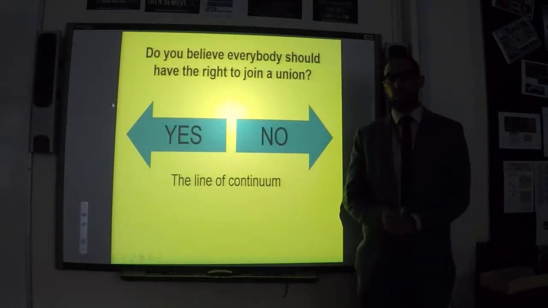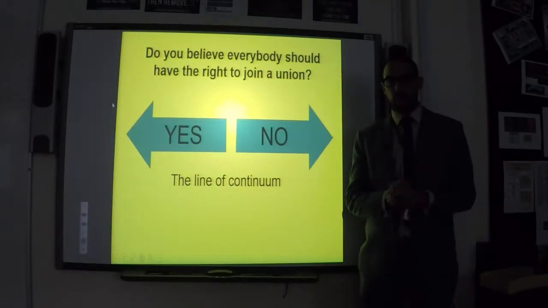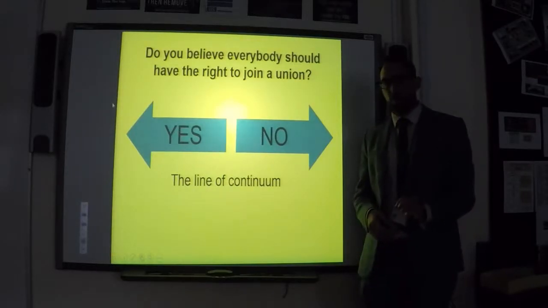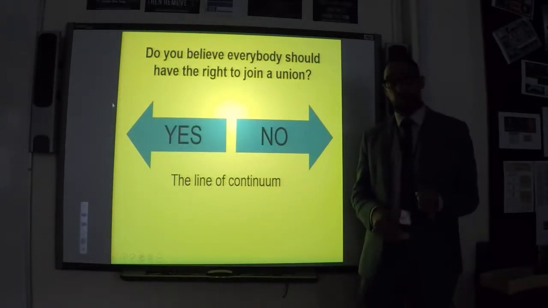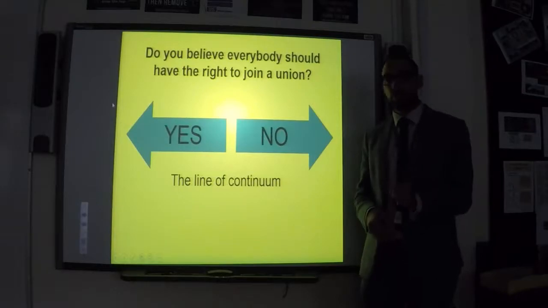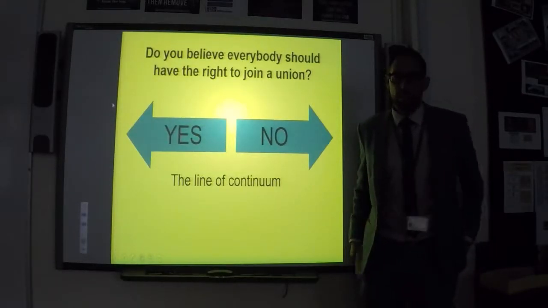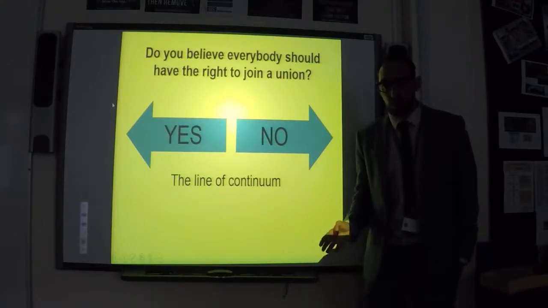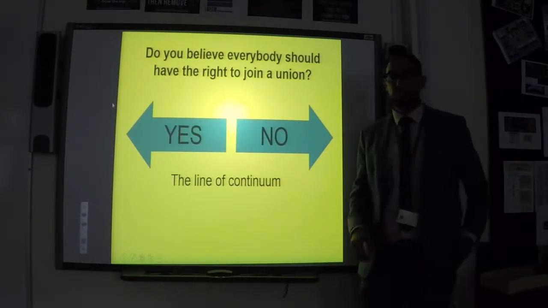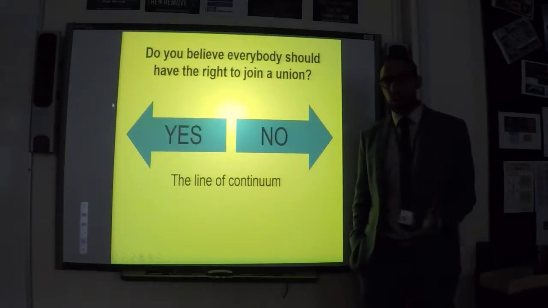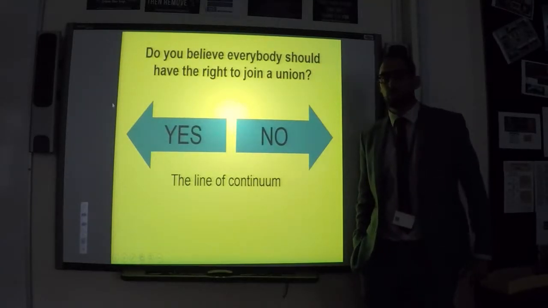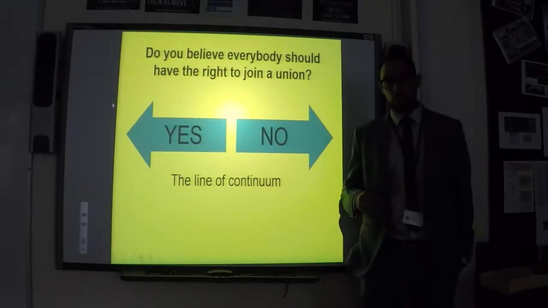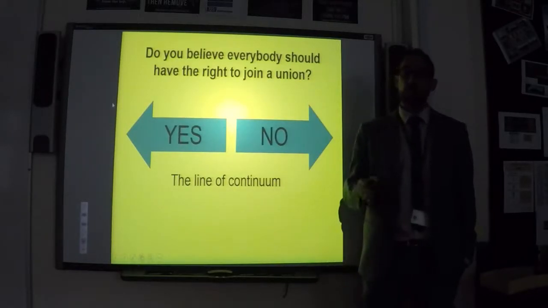The key thing you need to do, guys, in the exam is the question will say, what are the benefits and drawbacks of trade unions to the workers, or what are the benefits and drawbacks of trade unions to the business? And it will ask you to justify your answer. Now, your answer will be totally wrong if you do that the wrong way around. So if it says, are trade unions beneficial to businesses, justify your answer, you must do the benefits and drawbacks of trade unions to the business.